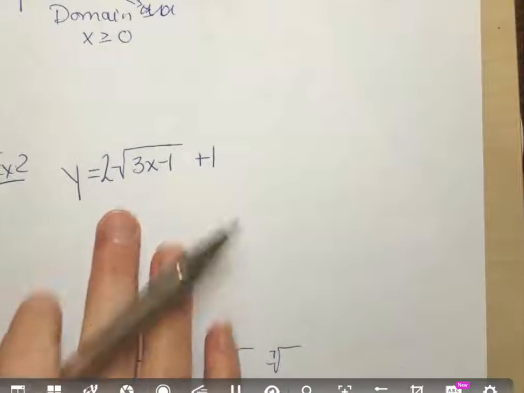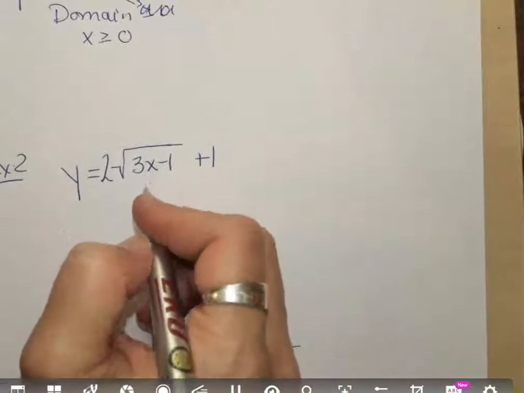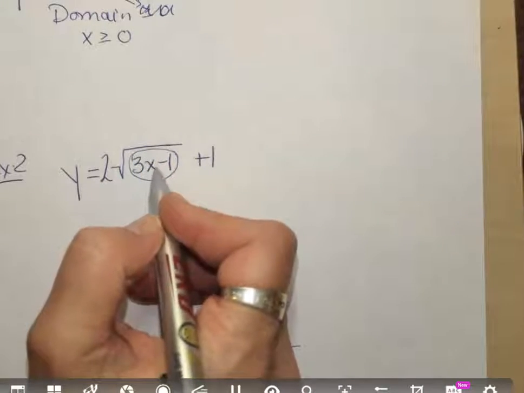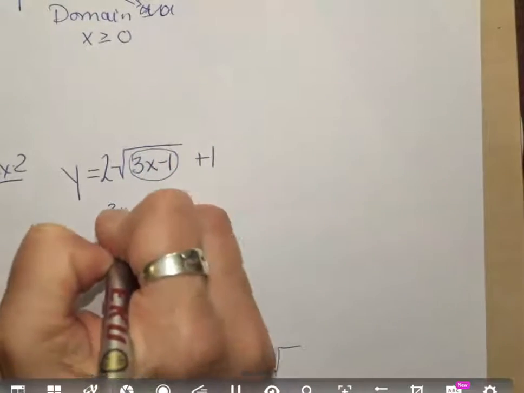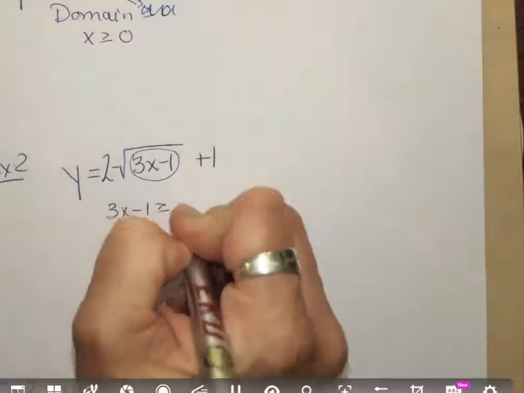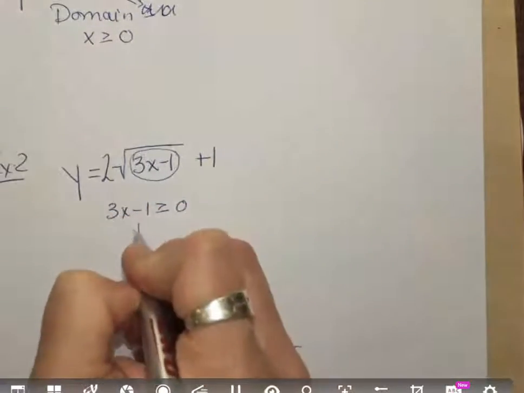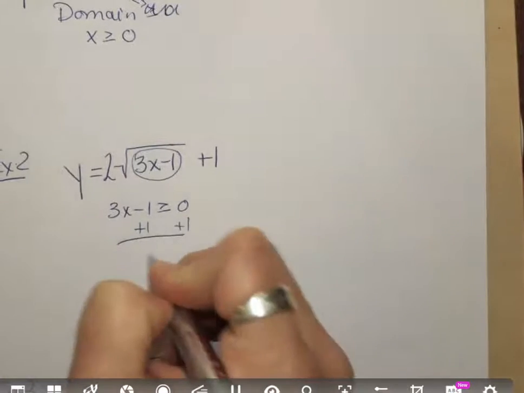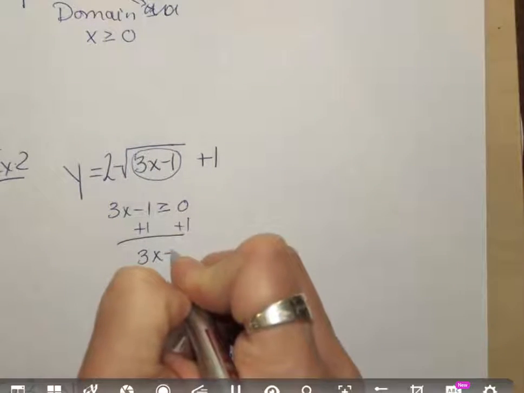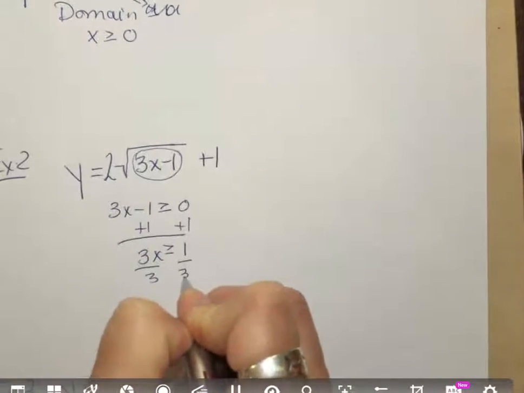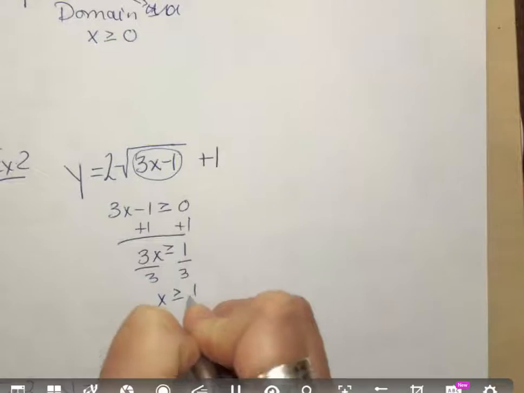Now, if I think of this one, again, here is my radical. Here is my radicand, the stuff underneath. I know that 3x minus 1 has to be greater than or equal to 0, because if it's negative, it's not a real number. So I'm going to go ahead and solve. And so I know that x is greater than or equal to 1/3.